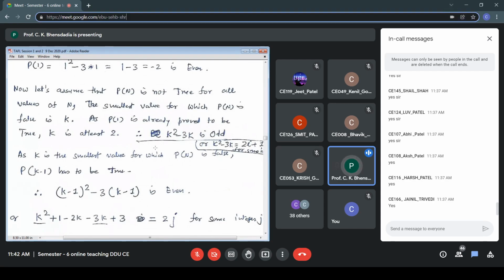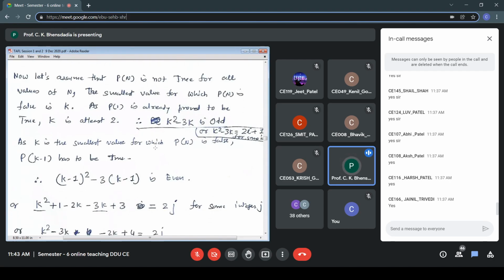When something is odd, for example, n equal to k, that is k square minus 3k, that is 2i plus 1, where i belongs to Z. Here, (k minus 1) square minus 3 of (k minus 1) is equal to 2j, where j belongs to Z. Now we expand this. So k square plus 1 minus 2k minus 3k plus 3 is equal to 2j.